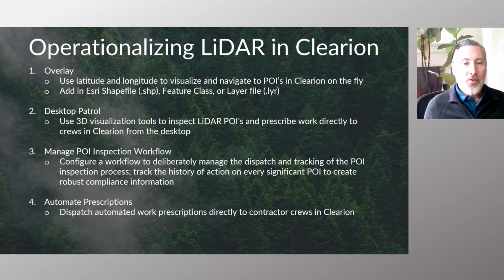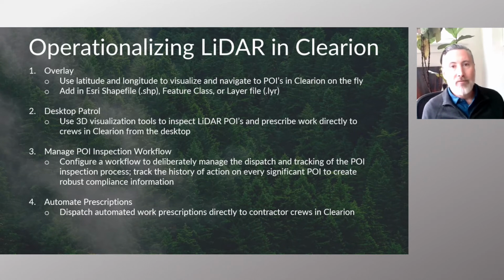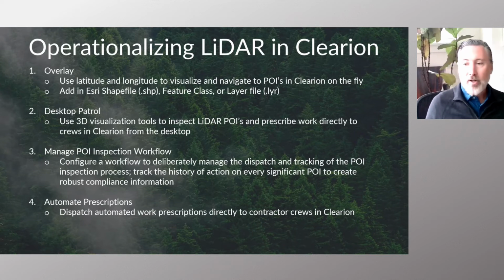Or more recently, we've seen some customers exploring the use of logic based on the attributes of these points of interest derived from remote sensing data to actually automate prescriptions.